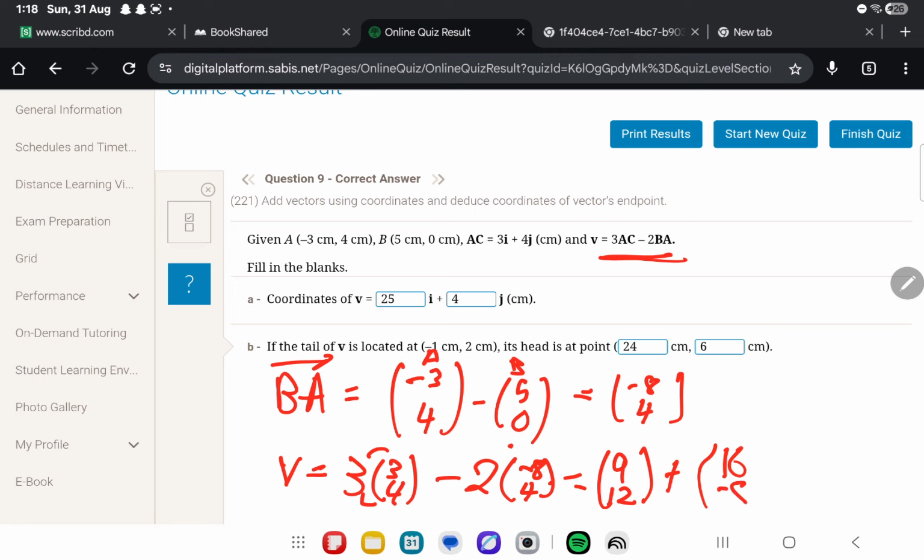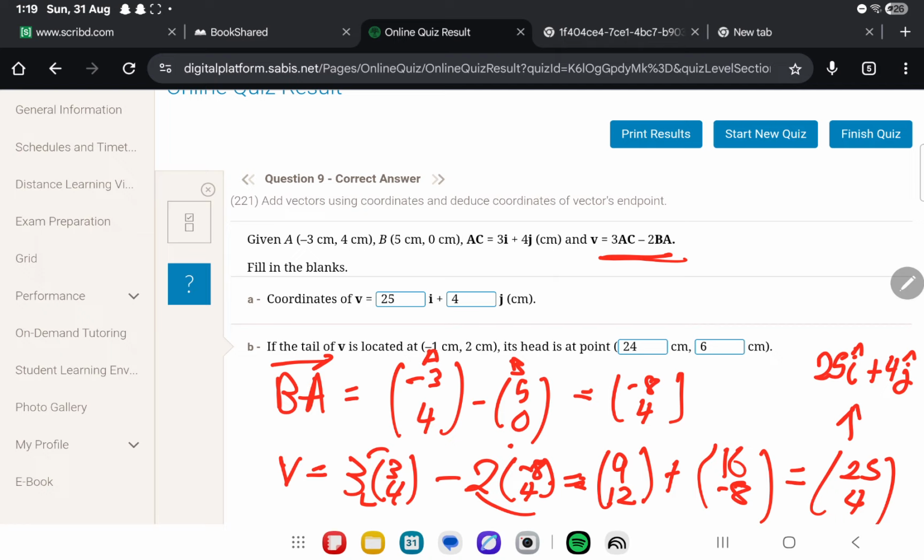Minus 2 times 4 is negative 8. So 16 plus 9 is 25, and 12 minus 8 is 4. So in Cartesian notation it's going to be 25i plus 4j, which is the correct answer.